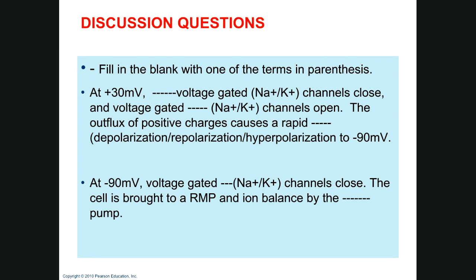So at plus 30 millivolts, sodium channels close and potassium channels open. The outflux of potassium charges causes a rapid hyperpolarization to minus 90 millivolts. At minus 90 millivolts, potassium channels close. The cell is brought to resting membrane potential and ion balance by the sodium-potassium pump.